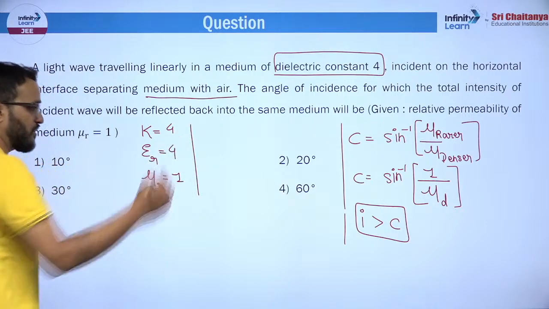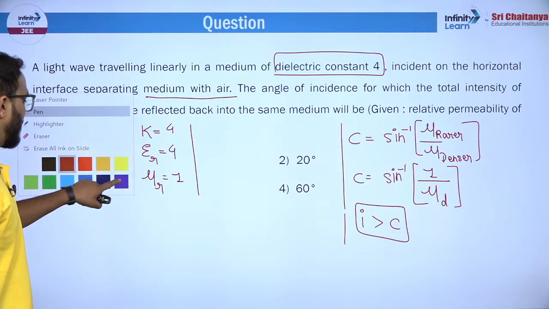Now, from this information, don't you think you will be able to find out the refractive index? Come on, tell me.